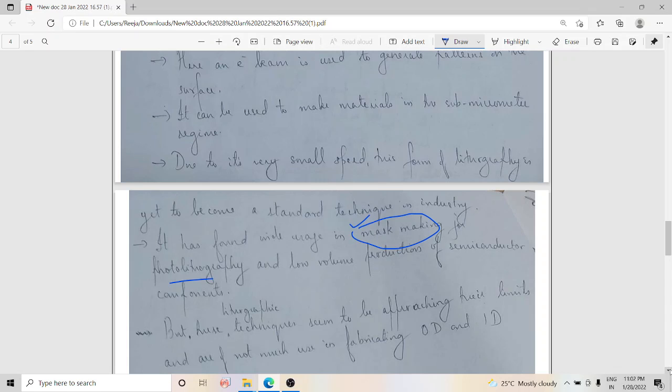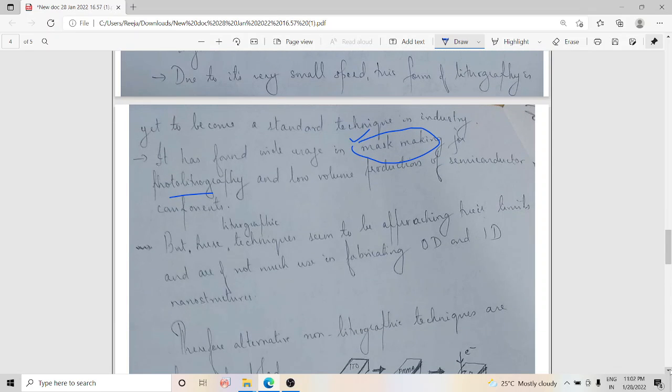But both these lithographic techniques seem to be approaching their limit and are not of much use in fabricating zero-dimensional and one-dimensional nanostructures. The minimum size of nanostructures which can be developed using lithographic techniques is nearly in the range of a few nanometers.